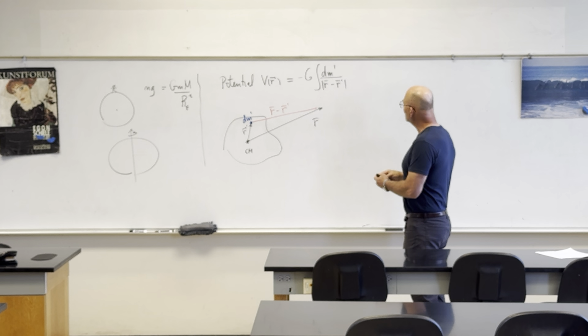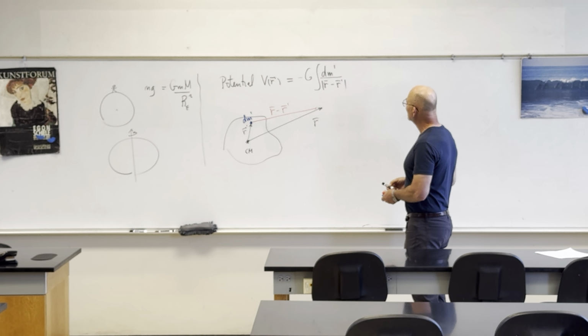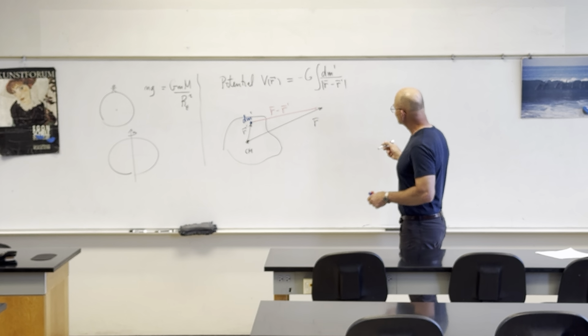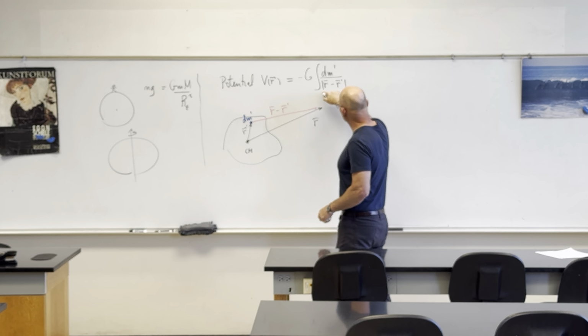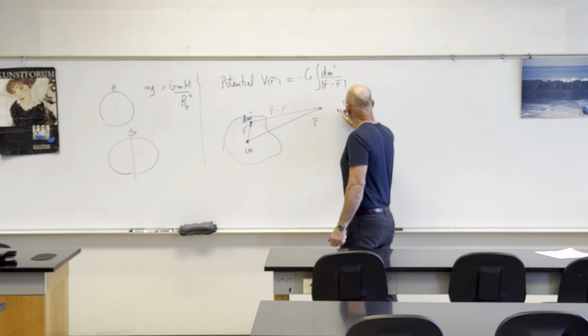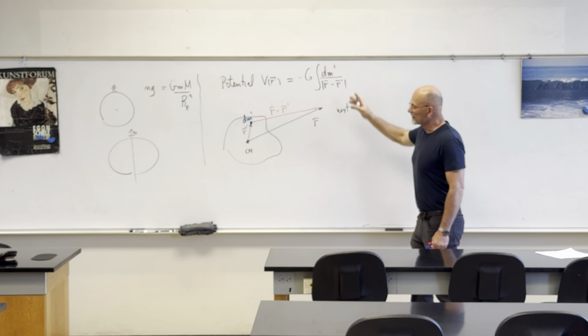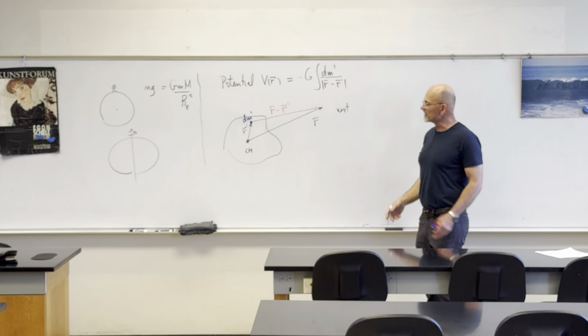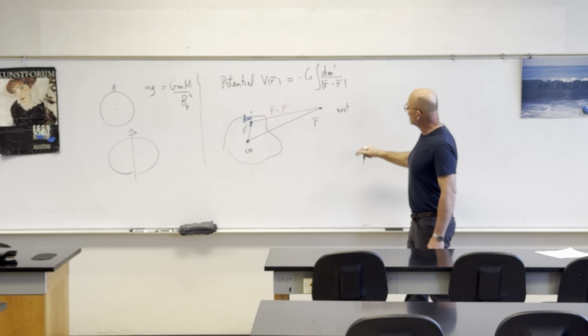So what we have to do now, I'm just going to sketch the idea. We have to do an expansion. So this is an exact result, by the way. Okay, this would be the potential if you do the whole integration over a solid body.